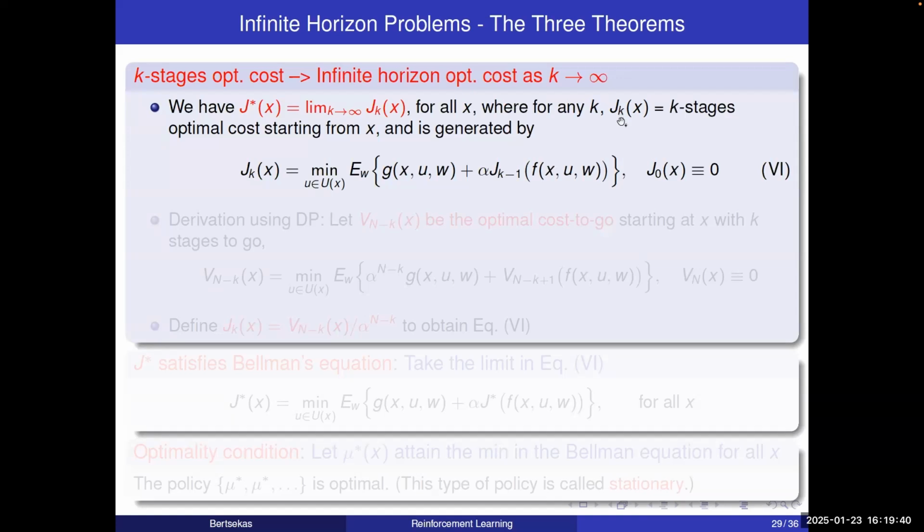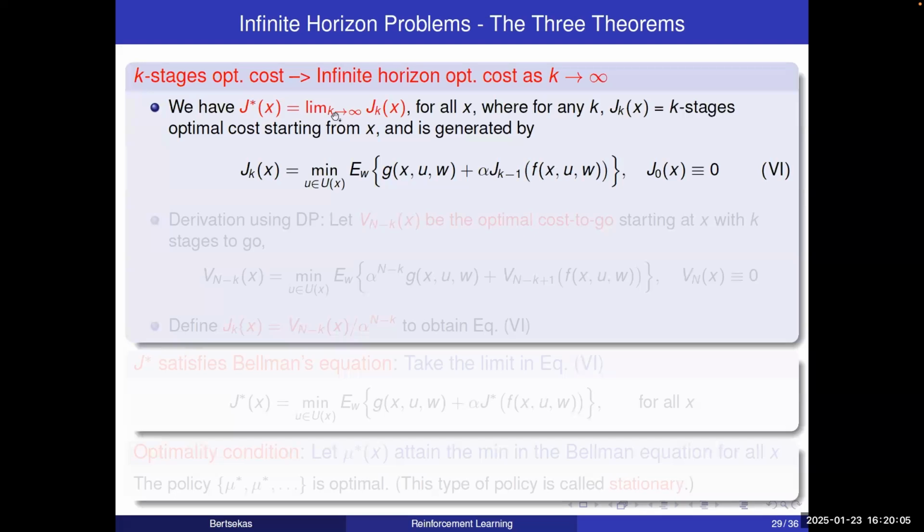Then we include one more stage, k plus 1 stages, solve this finite horizon problem, and have Jk plus 1, and Jk plus 2, and so on. What we want to know is whether, as k goes to infinity, Jk converges to J star.